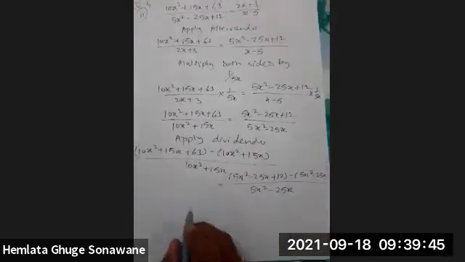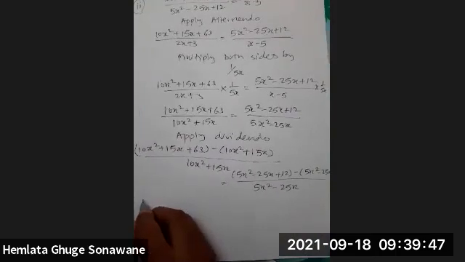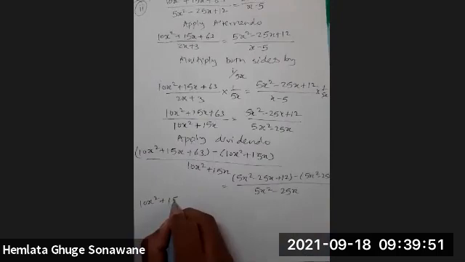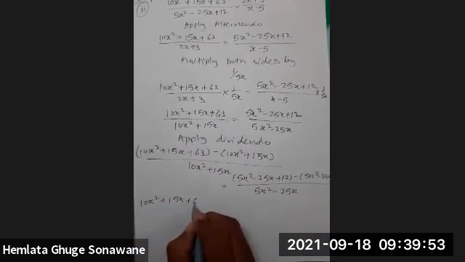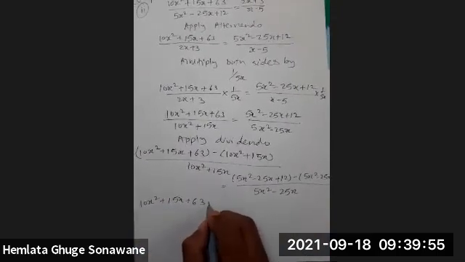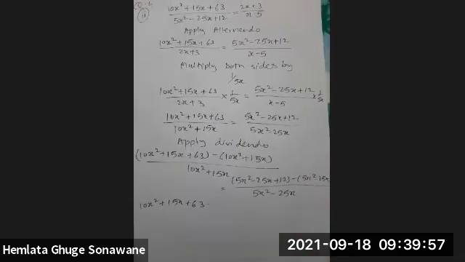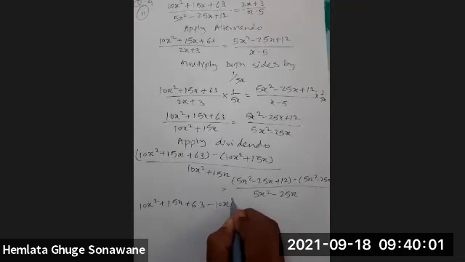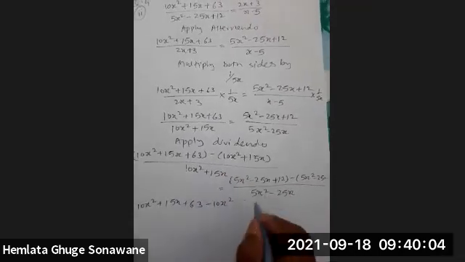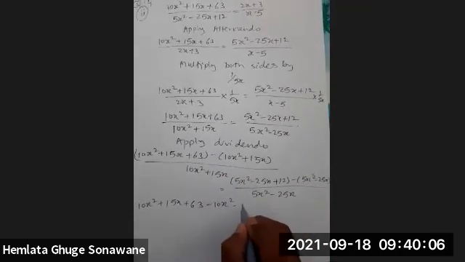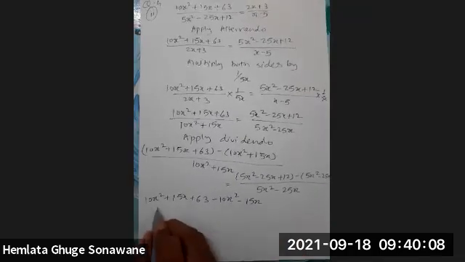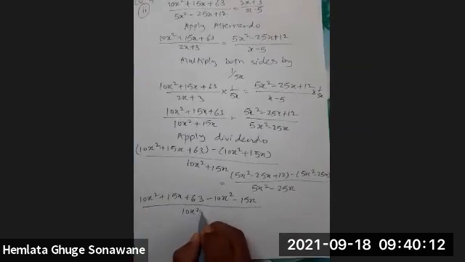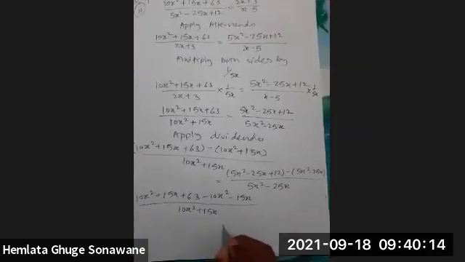We'll simplify the bracket. It becomes 10x square plus 15x plus 63 minus 10x square, minus 15x, upon 10x square plus 15x.